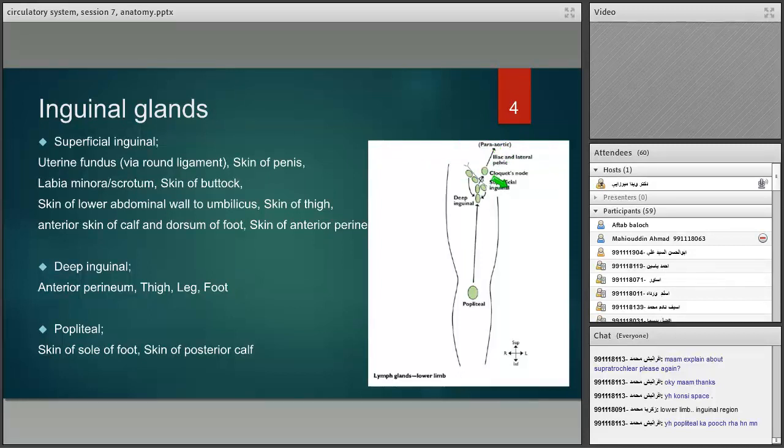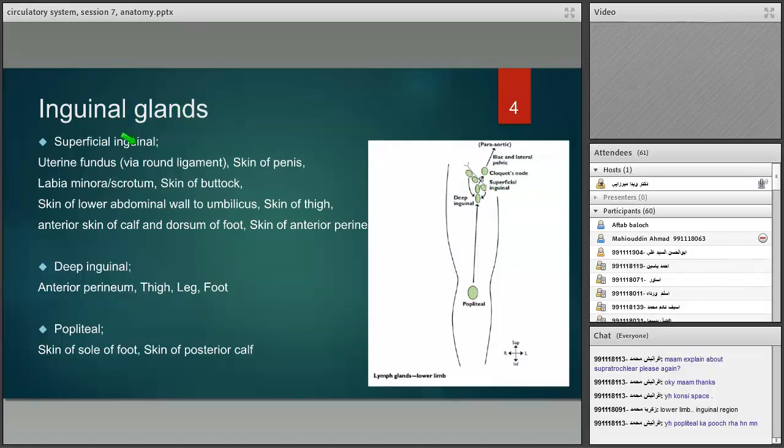Okay, they are receiving the lymph from these sides. But we said that the superficial and deep inguinal groups are also placed here. Most of the lymph from the perineal part is draining into the inguinal glands.